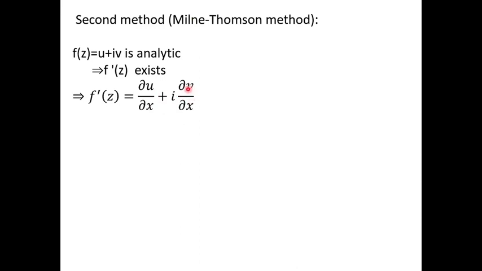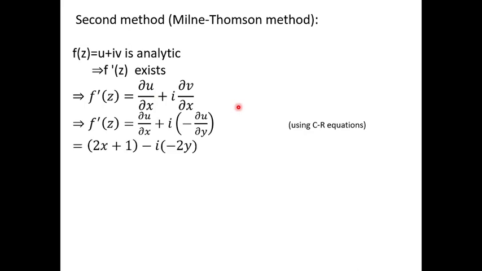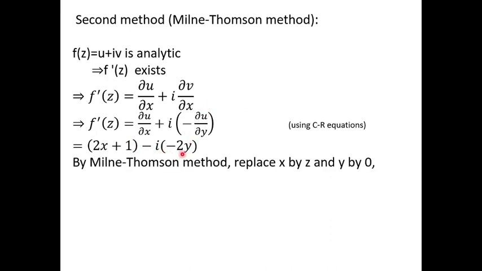Therefore express this imaginary part in terms of the real part by using what? By using the CR equation. What is dou v by dou x? Dou v by dou x is minus dou u by dou y. Now substitute the values of dou u by dou x and dou u by dou y. After finding f dash z, f dash z is equal to 2x plus 1 plus i into 2y.